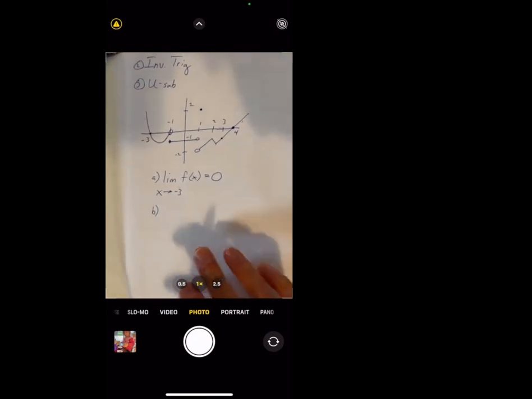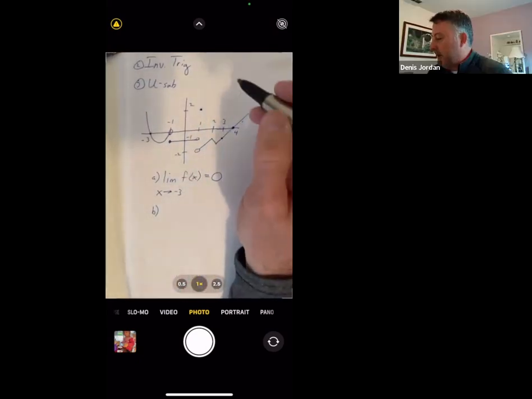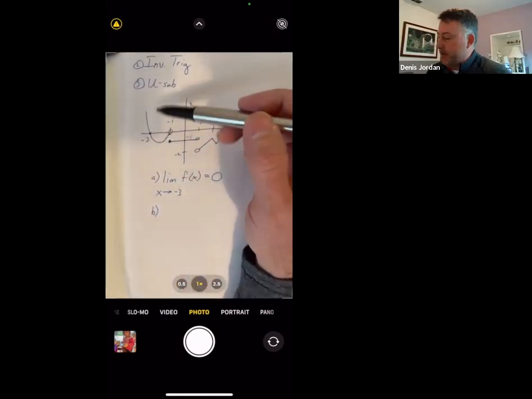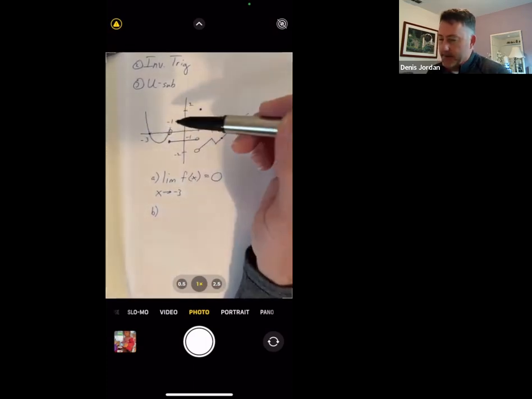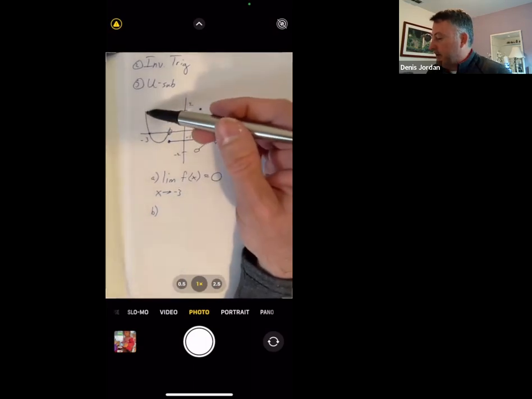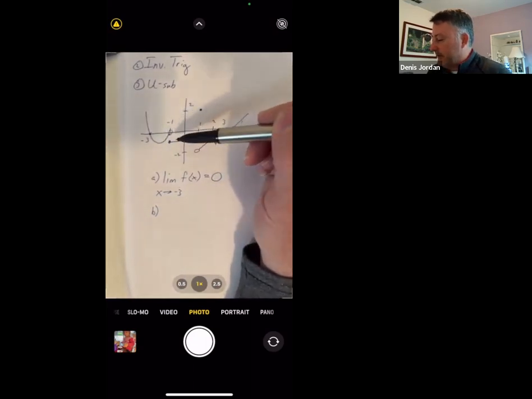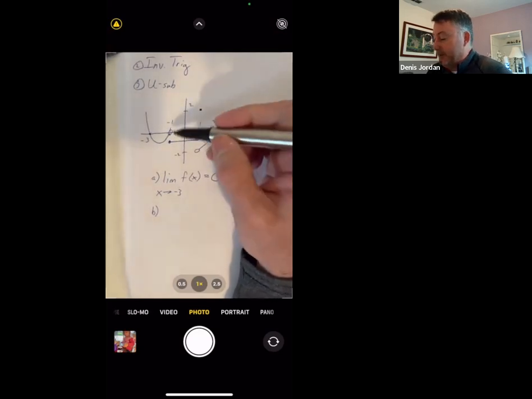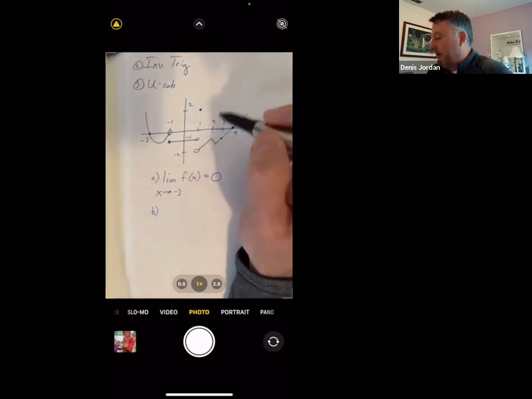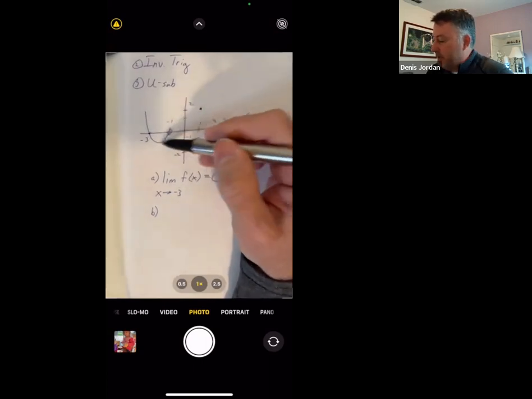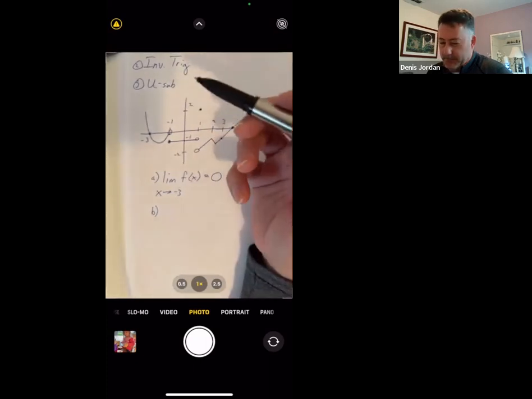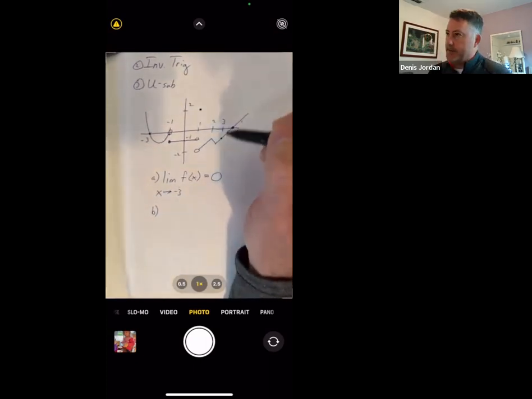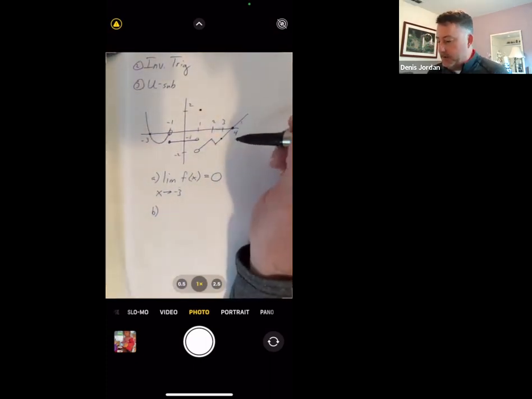Like if I was going to actually draw this function, if I had the function, not the graph, and it said graph this, you wouldn't just go to an open circle and go, oh, well, can't do anything else. No, you would just draw the rest of it, right? So if you could draw all this, then you can definitely get back to it. So don't let a hole or an asymptote stop you. Just jump over it.